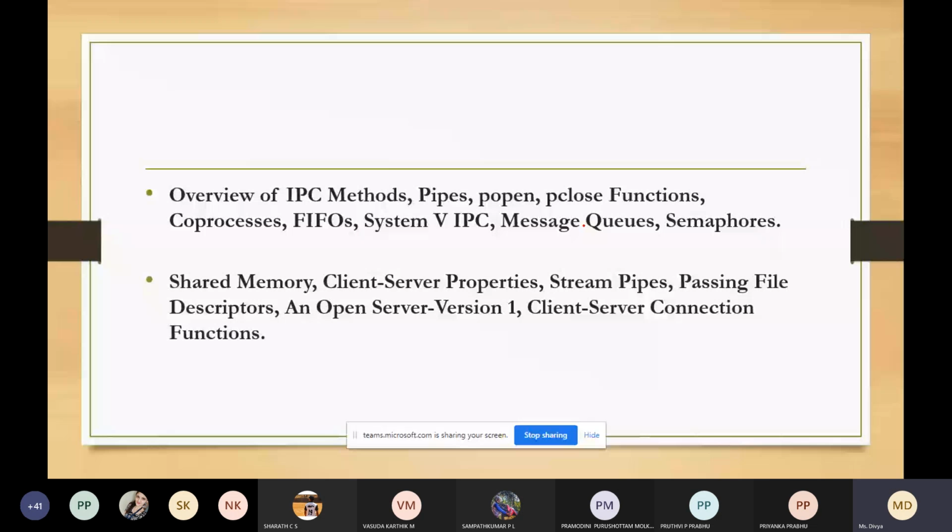Then we discussed user identification, finding the login names, and the last topic is process time. So these topics we discussed under that first chapter.